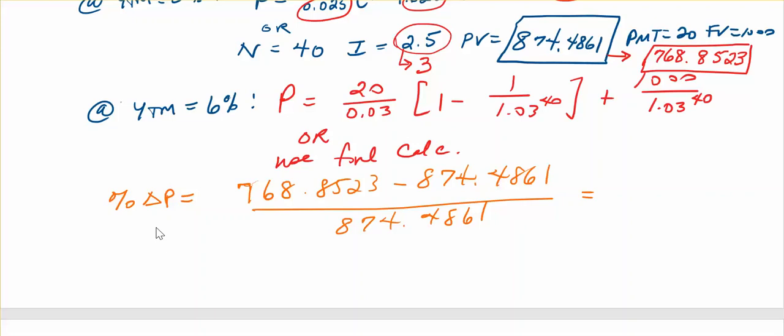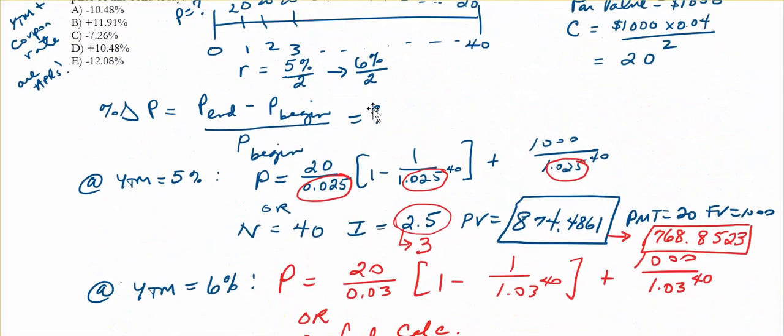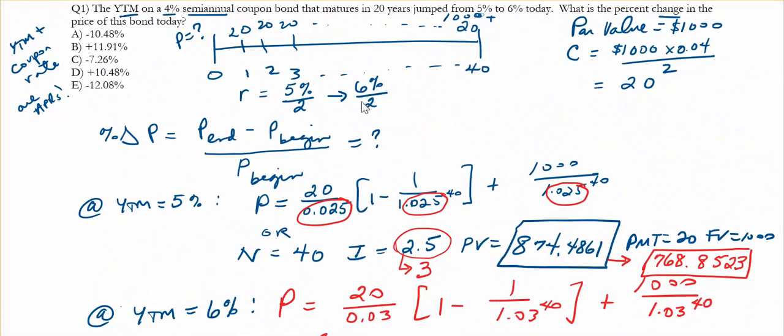Go ahead and put that formula into your calculator. You will get negative 12.08%. Then we scroll up to find that option, and we see there it is.